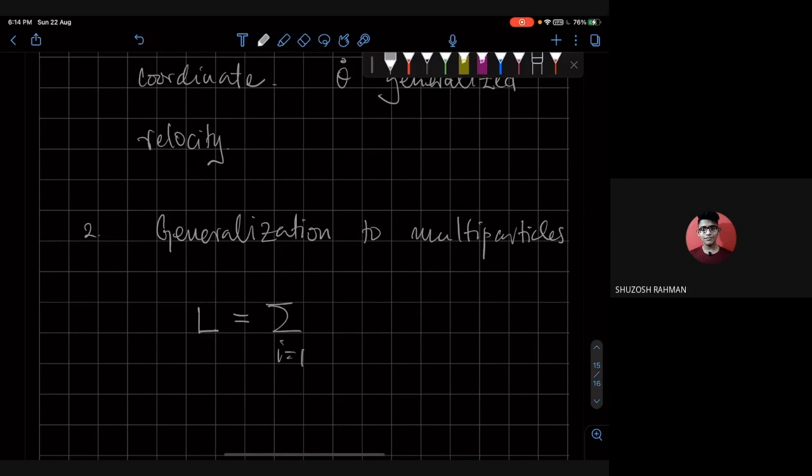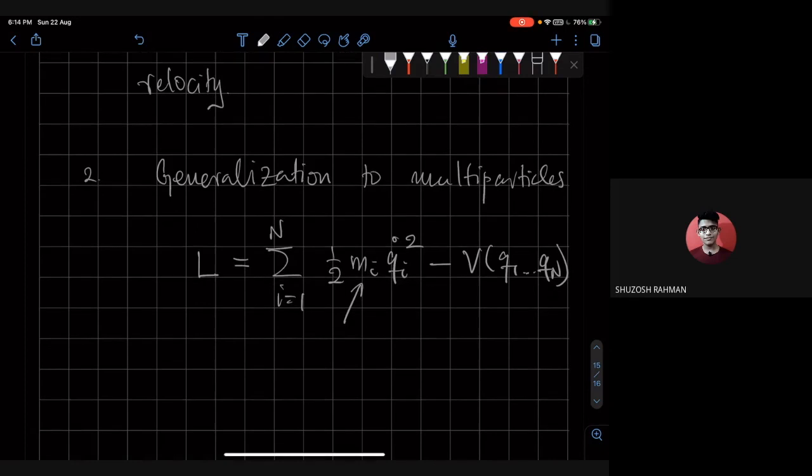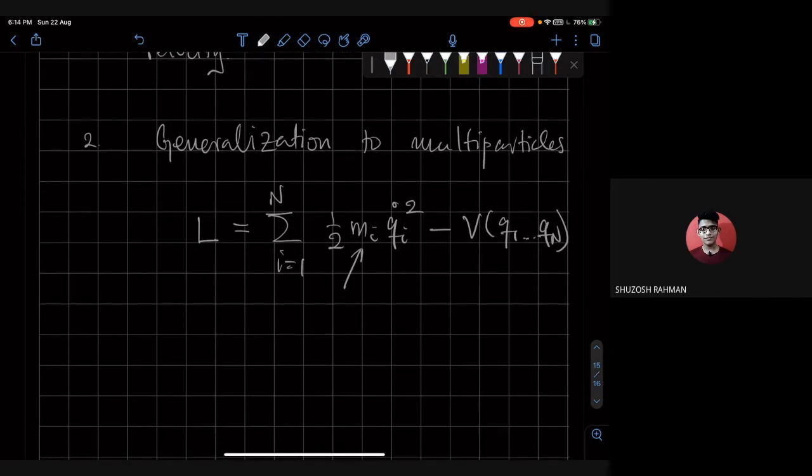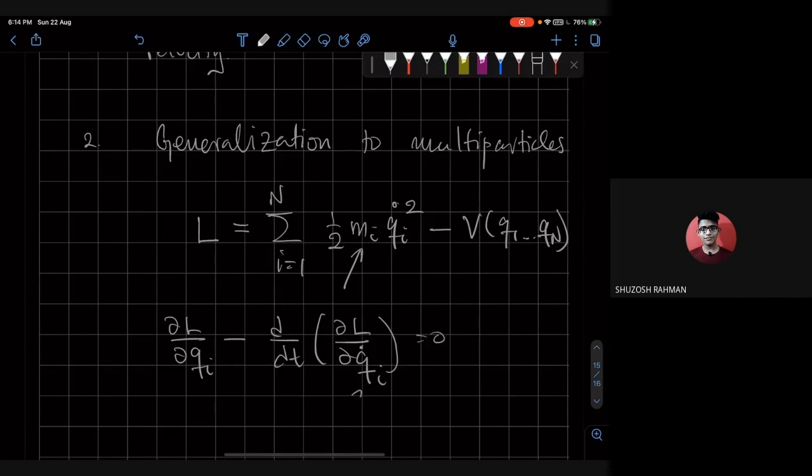Then you have n kinetic terms, and not all these masses have to be different, and some potential. And then you derive the Euler-Lagrange equation for each degree of freedom, each generalized coordinate. And again, this is the generalized velocity.